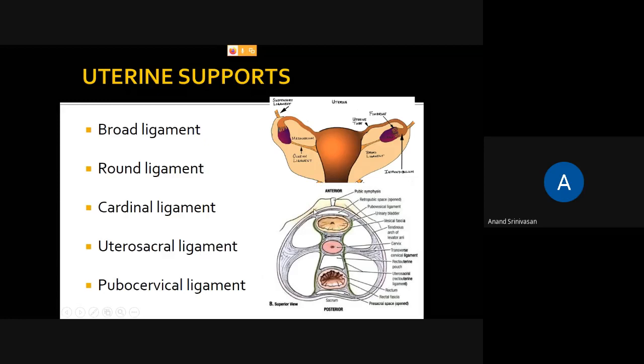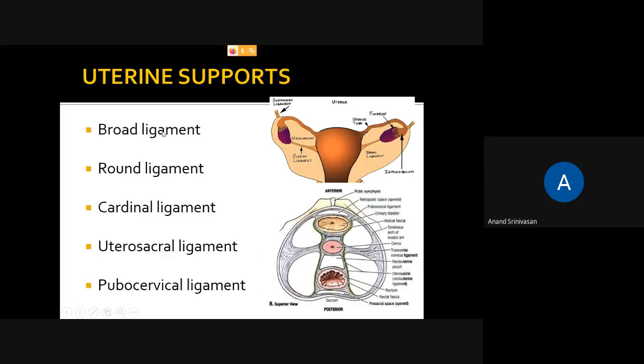There is another ligament which comes from the pubic symphysis towards the cervical part of the uterus, called the pubocervical ligament. So these three are the true ligaments: the cardinal ligament, the uterosacral ligament, and the pubocervical ligament.